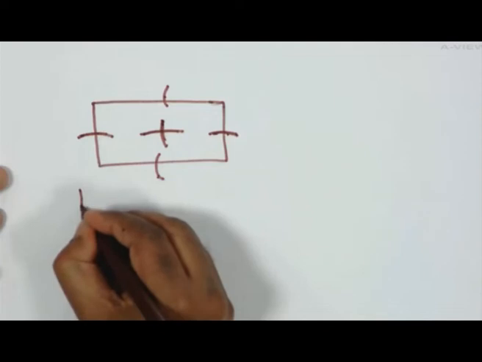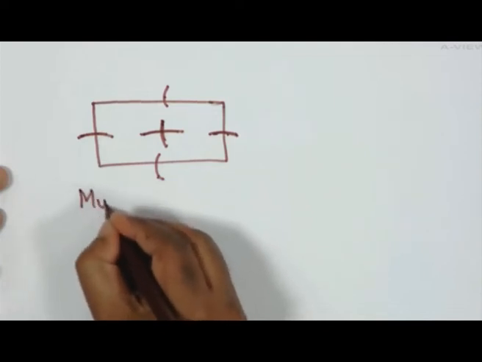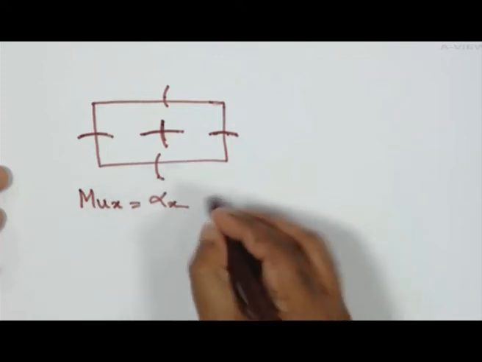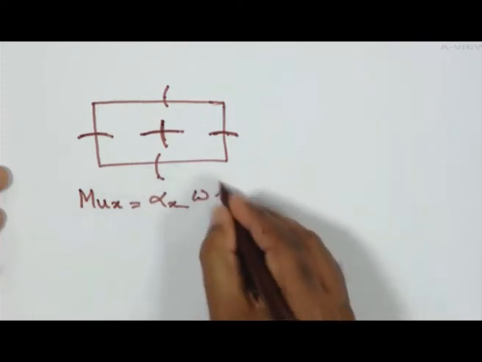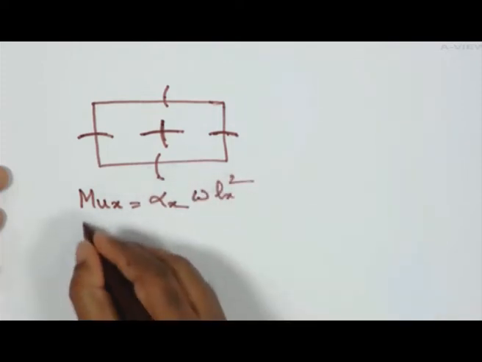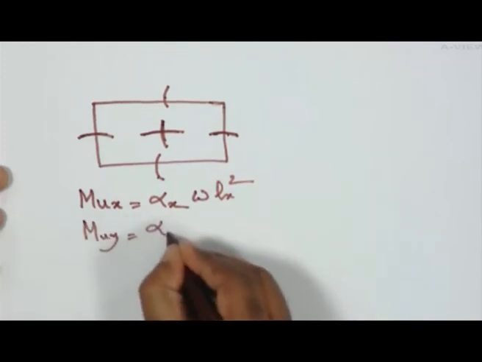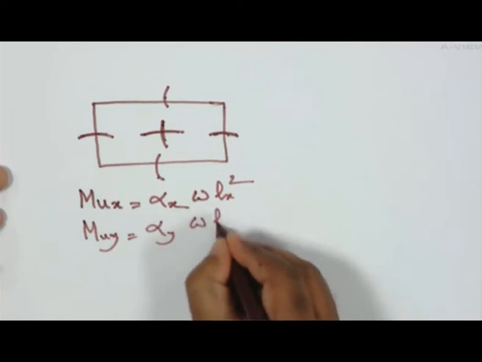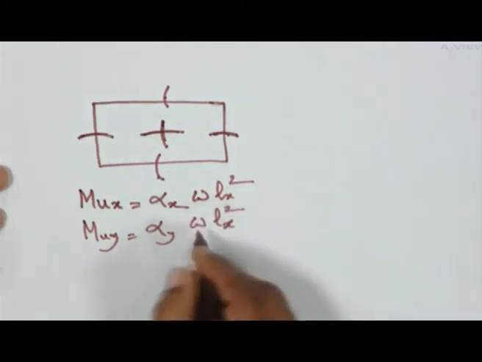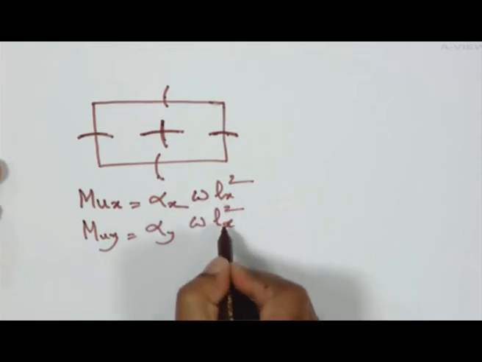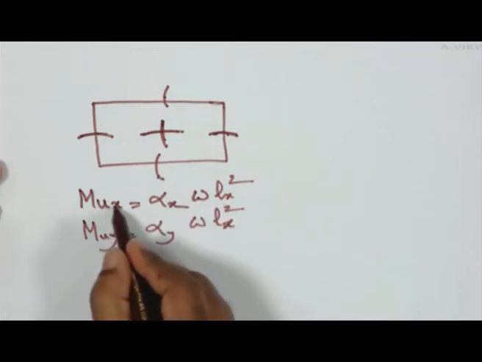We can consider mu x equals alpha x w L square x, and mu y equals alpha y w again L square x. Please note, w L square x for both cases, not w L square y. So this is the one, mu x and mu y.